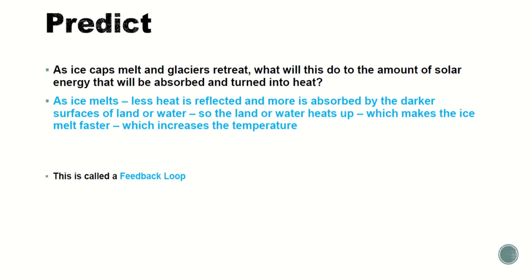But the issue is with ice caps melting due to increased greenhouse gas emissions, the glaciers are retreating. And when the glaciers retreat, this is causing the oceans to widen, which means we have more darker color than we should.